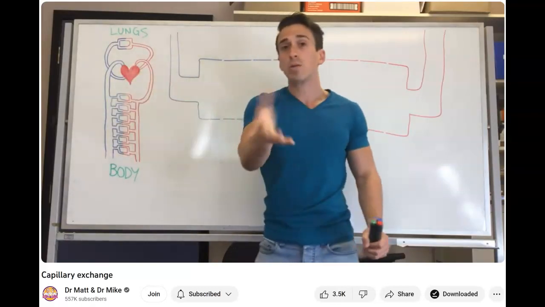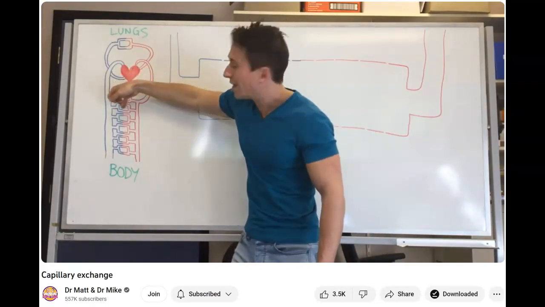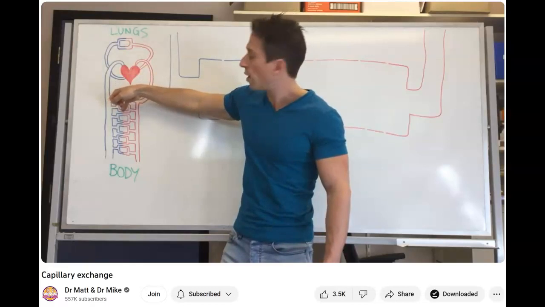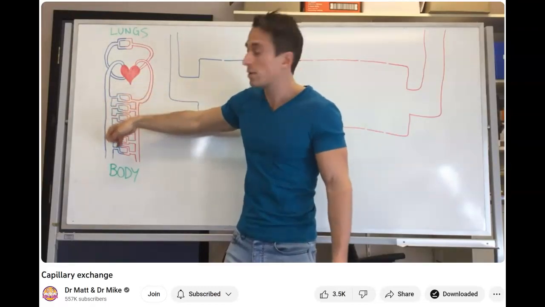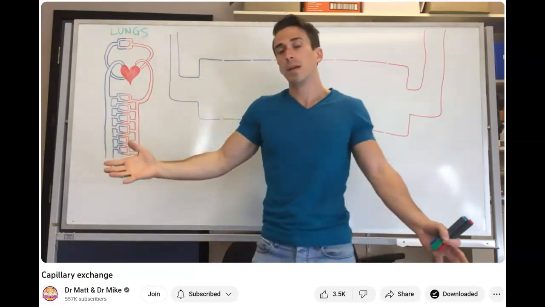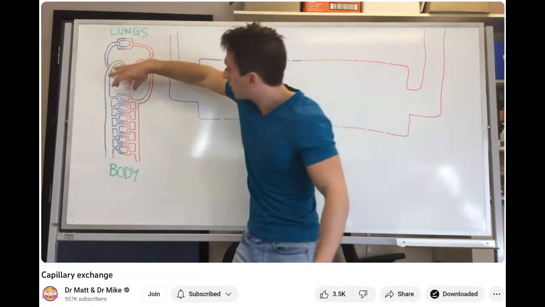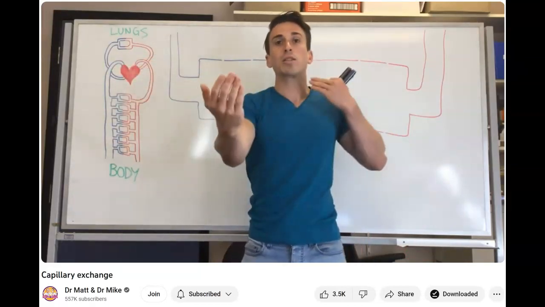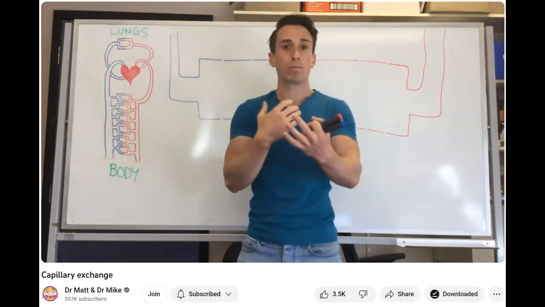And these could be capillary beds of the coronary arteries, the cerebrovascular system, the gastrointestinal tract, the renal system, the musculoskeletal system, and also the skin. Okay, these are just potential places that this blood could go through. Now remember, the capillary bed is the site of exchange, and that's exchanging gases, oxygen and carbon dioxide, and also nutrients and waste products.